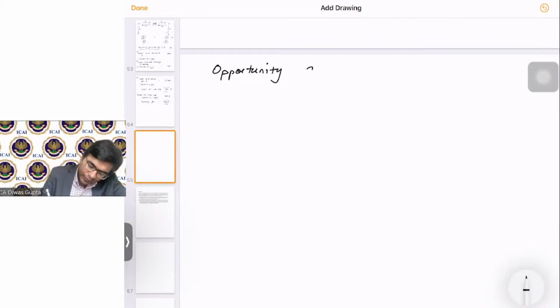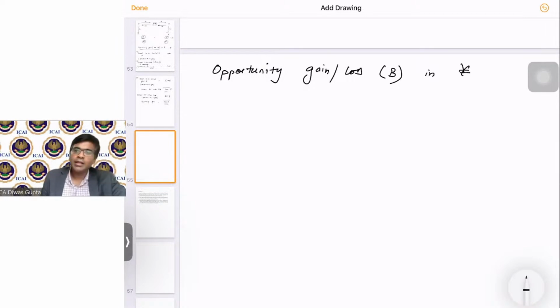Opportunity gain/loss, B's perspective, and let us do the calculation in yen because the preferred currency is in yen as it was mentioned, correct?